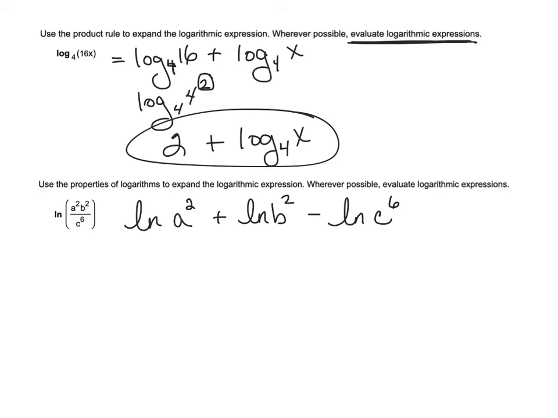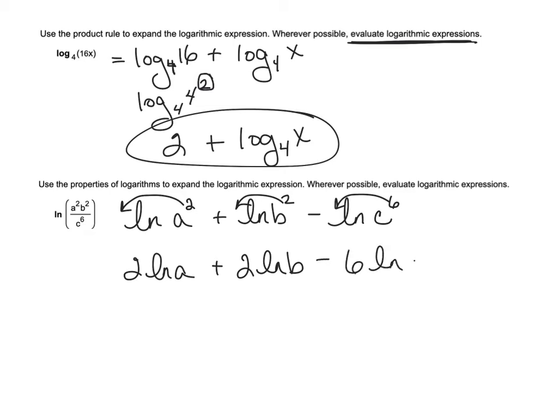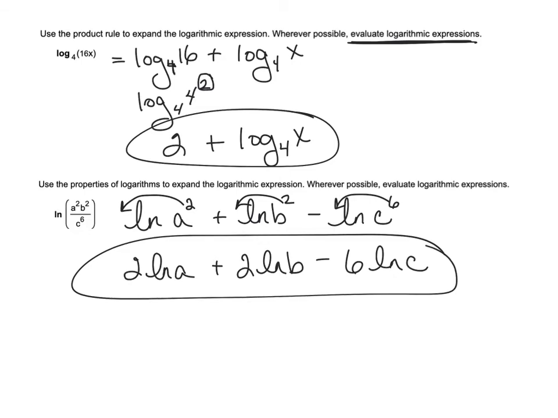And then one more step, let's bring our exponents down in front. And so my final answer would be 2 natural log of a plus 2 natural log of b minus 6 natural log of c. And this is what they're looking for. Okay, once again, we're just showing that we know the rules.